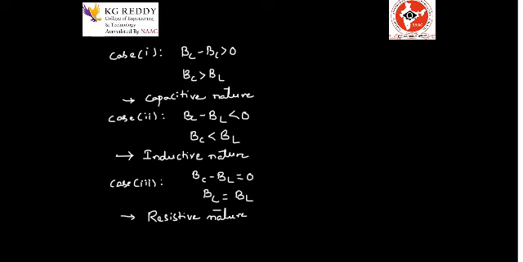Now let us see the corresponding vector diagrams for the three conditions. I will take V as a reference. This one is the capacitive current IC, and this is my IL, because IL lags behind the voltage.